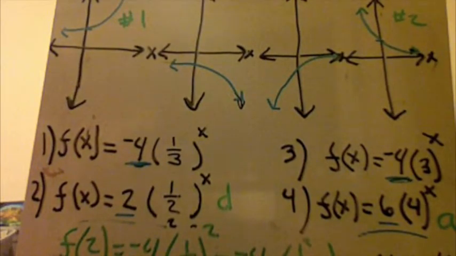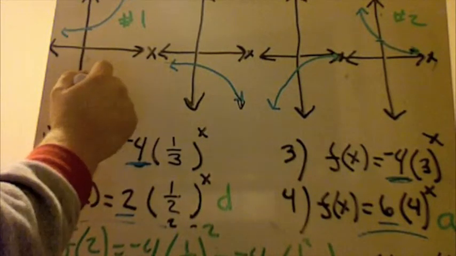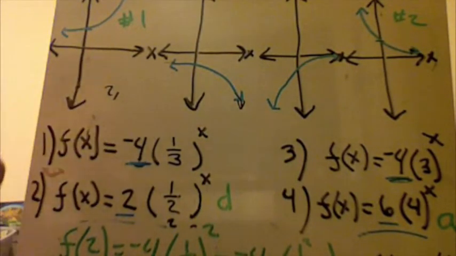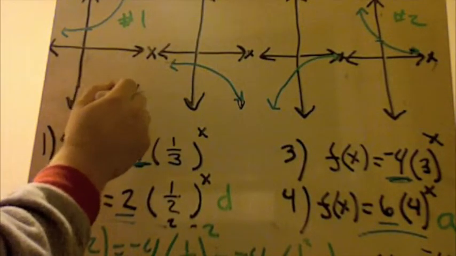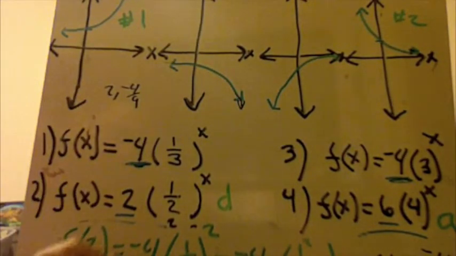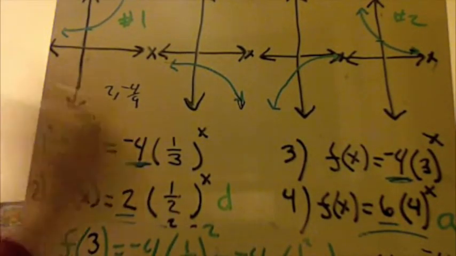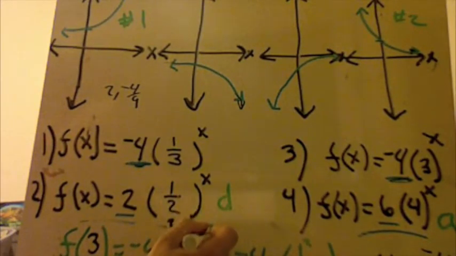Alright, well, let's try another value. So let's remember this: 2 and, sorry, it should be negative 4 ninths. Negative 4 ninths. Let's try a larger number. Let's try 3.